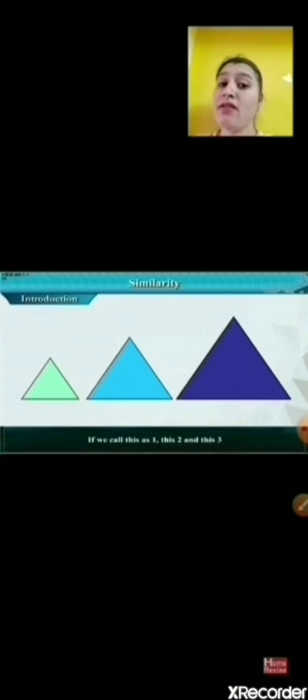If we take one more triangle, a bigger triangle, what will happen? Are they similar? One inside the other. This way you can put. Hence, the outermost triangle looks like a projection of innermost triangle.